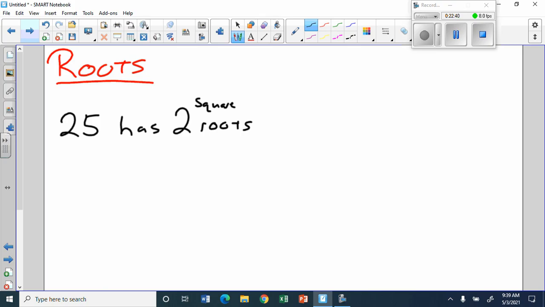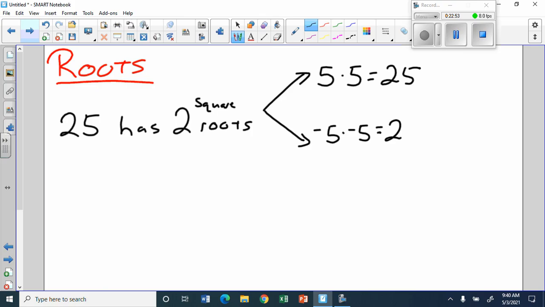So 5 times 5 is 25. Negative 5 times negative 5 is also 25. Does that make sense? But the square root of 25 only equals 5, not negative 5.